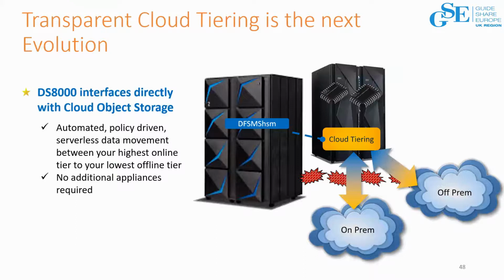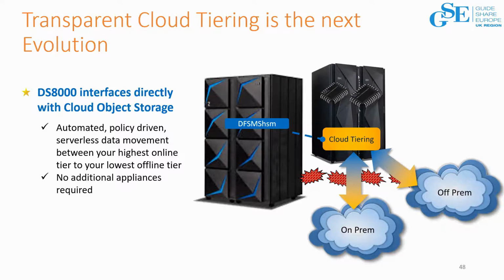So now we come to cloud storage. This is our final topic in our discussion on reducing HSM CPU utilization. And cloud storage is exciting because it provides automated policy-based serverless movement between online and offline storage.